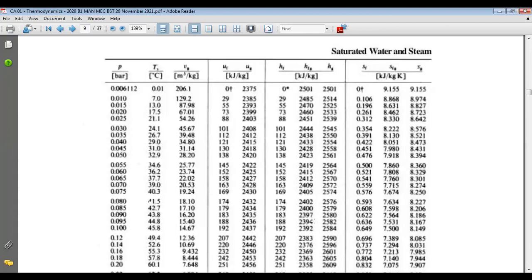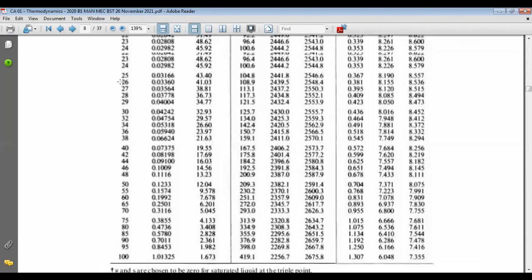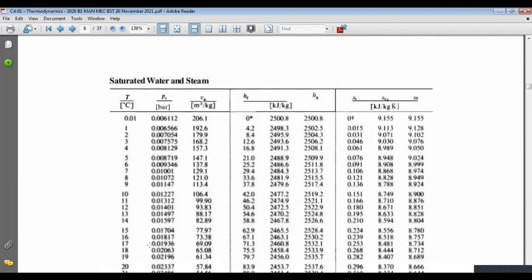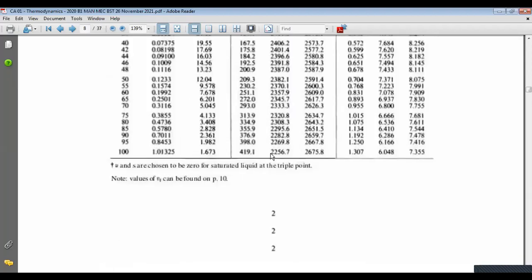I hope you can see this. Can you see? Yeah. So it starts with pressure and temperature, or temperature and pressure, it's the same.